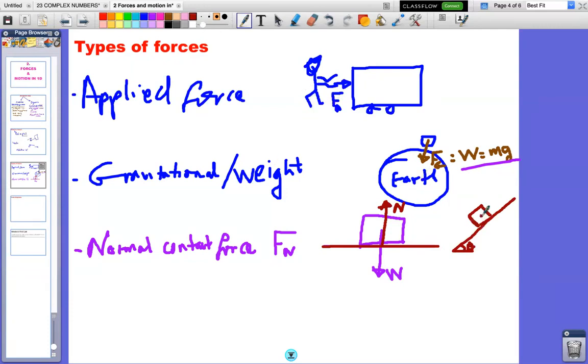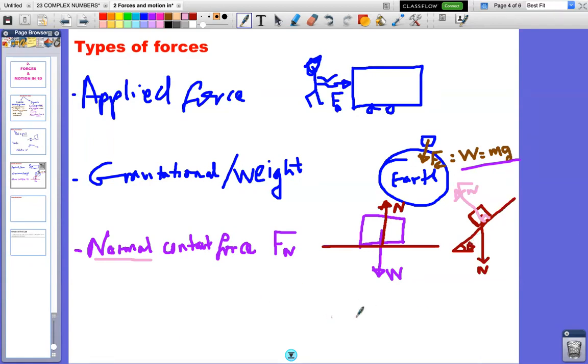The weight will always act vertically downwards. But the normal contact force always acts at 90 degrees to the surface. That's why we call it normal. It always acts at 90 degrees to the surfaces in contact.